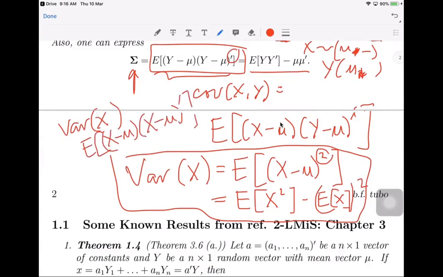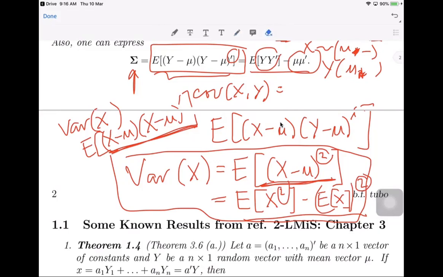The squares are substituted by primes. Do you follow?